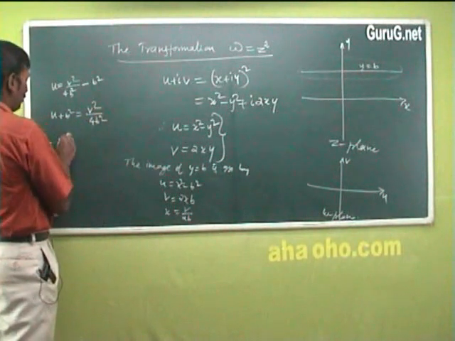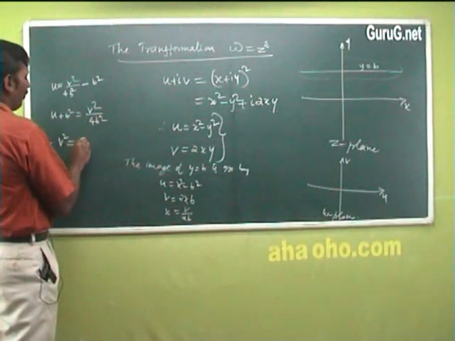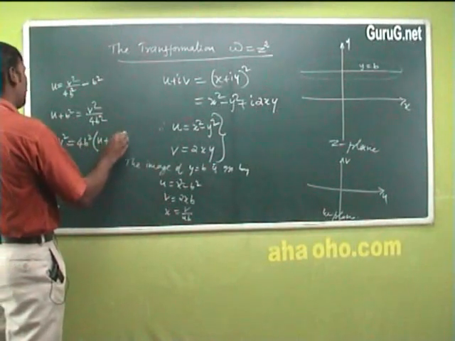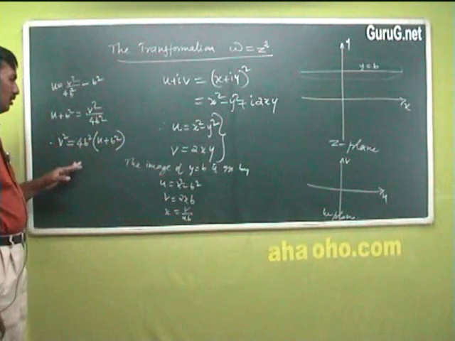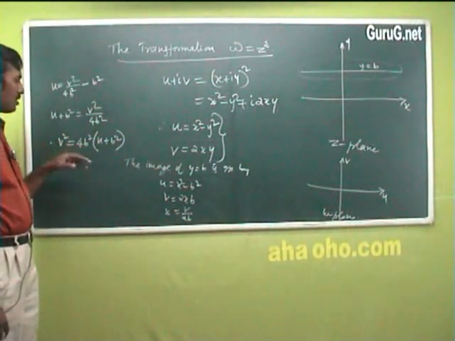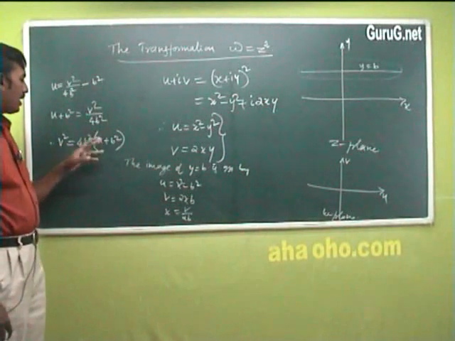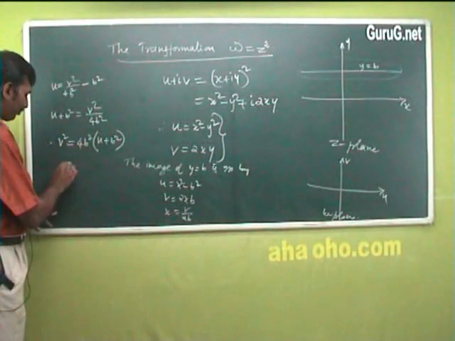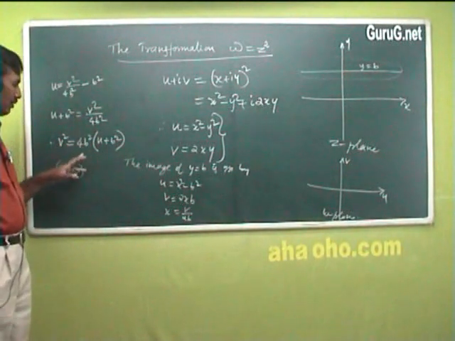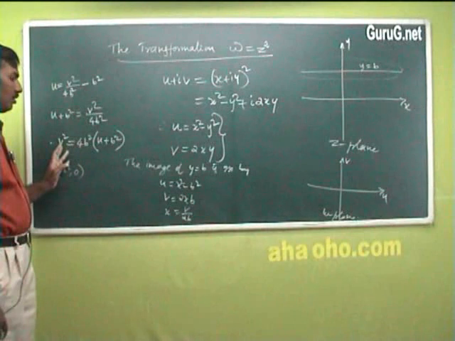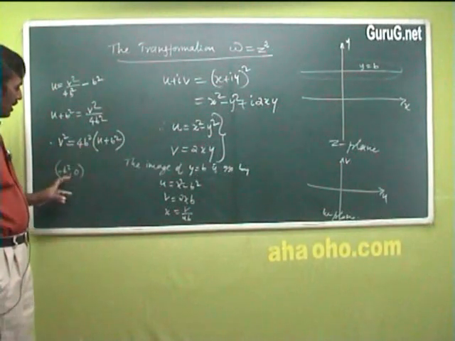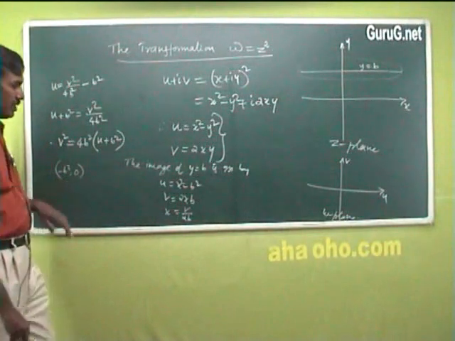Therefore v squared equal 4b squared into u plus b squared, which is nothing but equation 1, which is a right open parabola with vertex minus b squared comma 0.